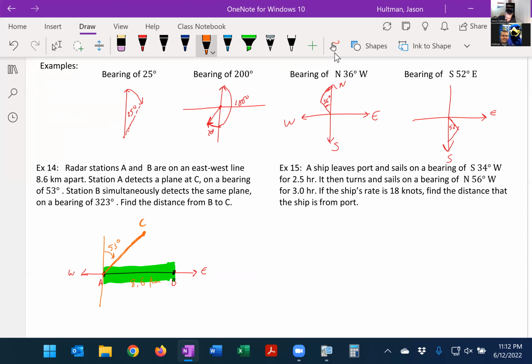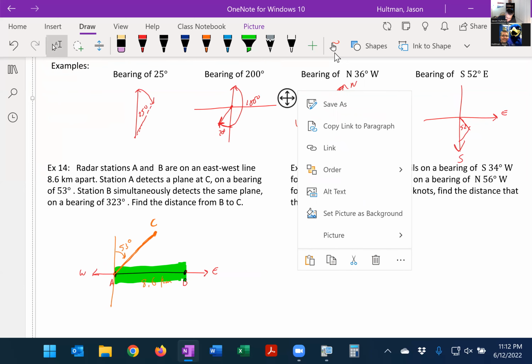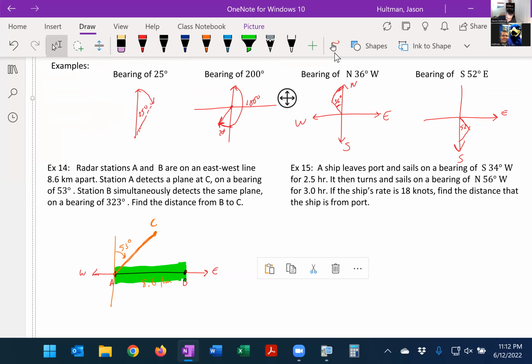Station B simultaneously detects the plane on a bearing of 323 degrees. So 323 degrees, that's almost 360. If we start at north and go all the way around, we would be at 360, but we're just shy of that. We're about 37 degrees shy of 360.